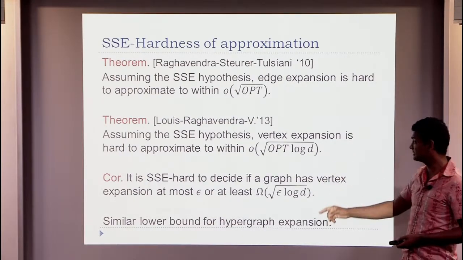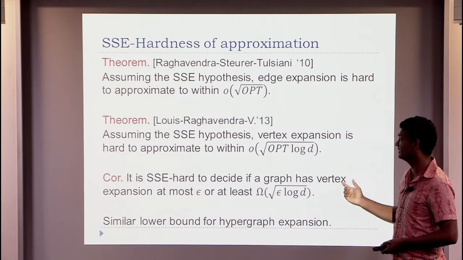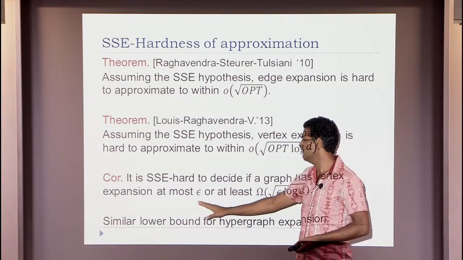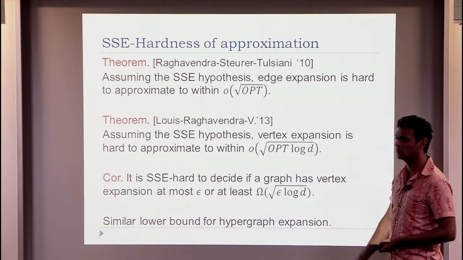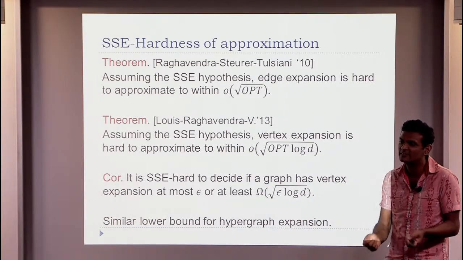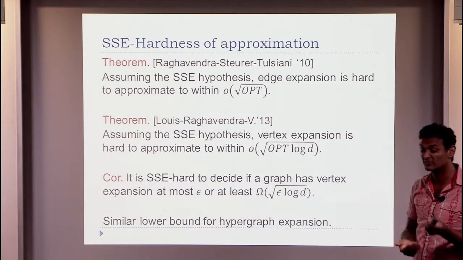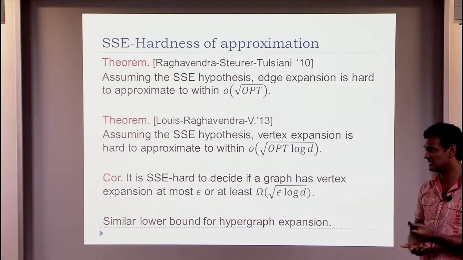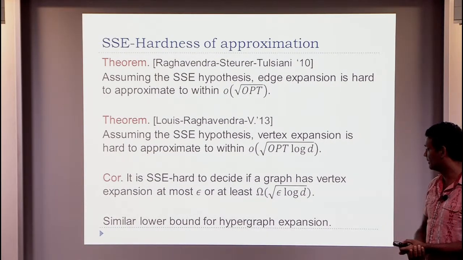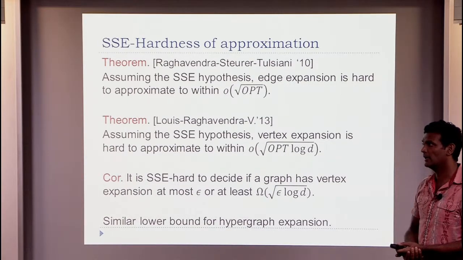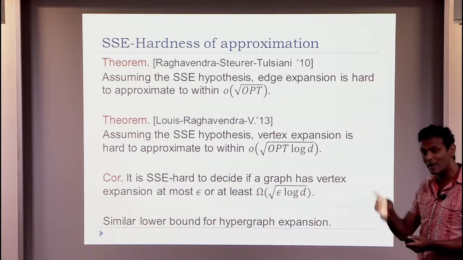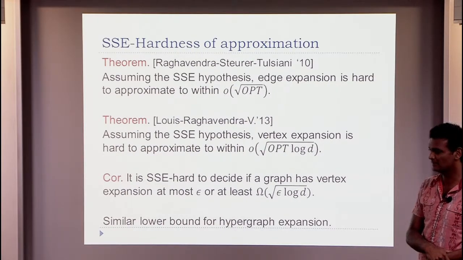And as a result, it's hard to decide if a graph has vertex expansion less than epsilon or at least square root of epsilon log d, so you cannot actually certify constant vertex expansion unless SSE is false. So it means your parameter gamma 2 is hard to approximate within log d.